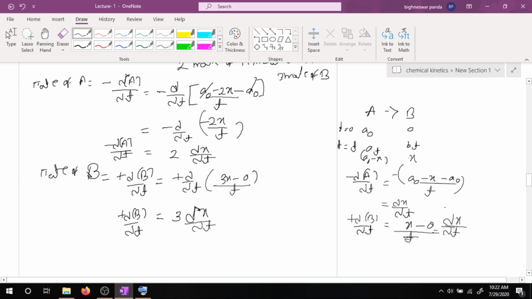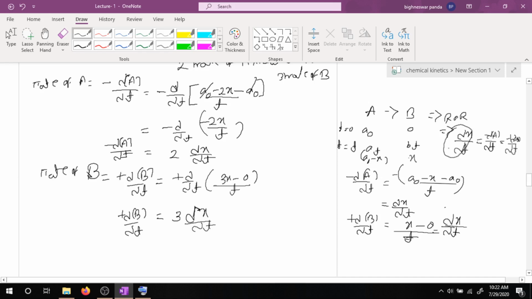So since the reaction is in 1:1 proportion, I can overall write rate of reaction equal to dx by dt, equal to minus dA by dt, equal to plus dB by dt. And dx by dt is the rate of reaction.